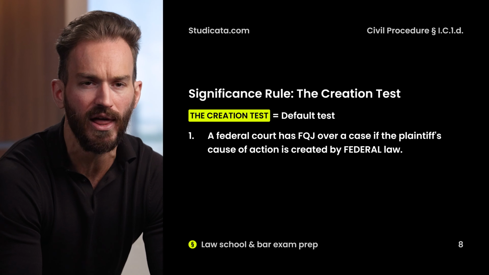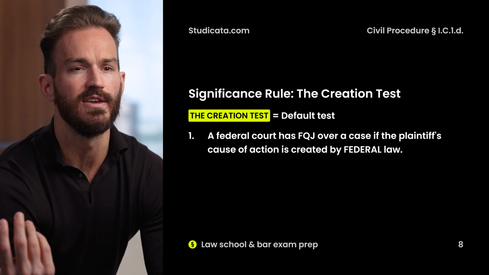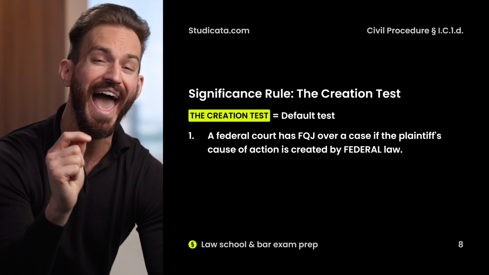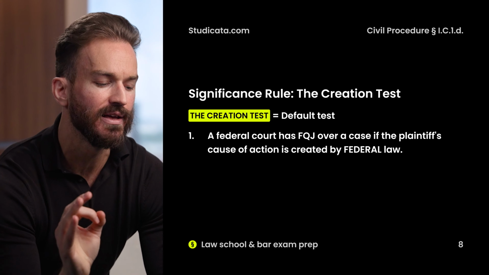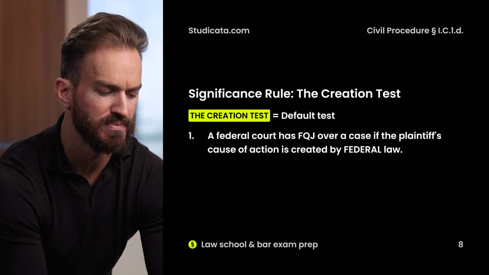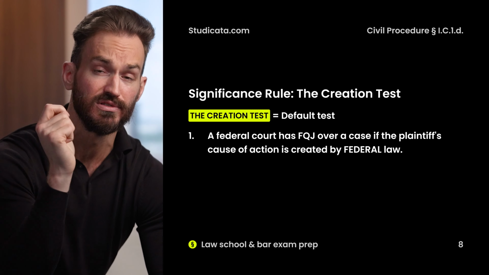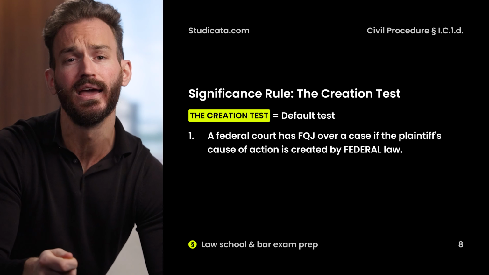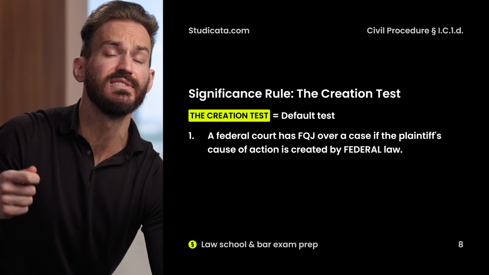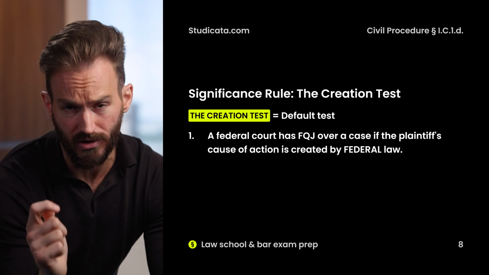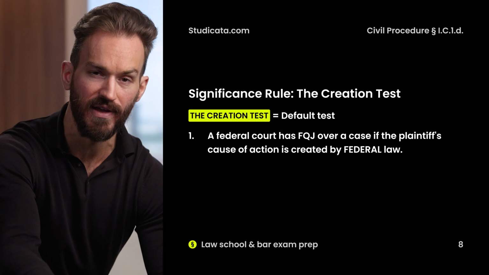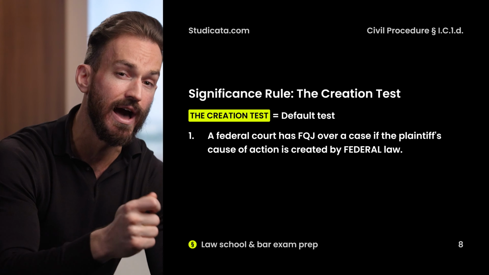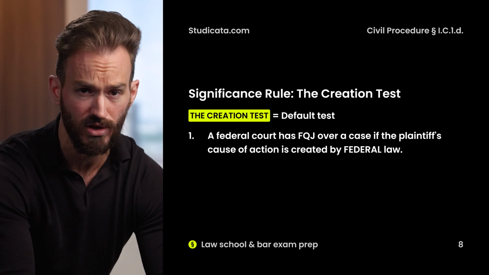So if a plaintiff sues the federal government under the FTCA, well, then the federal court has federal question jurisdiction over the case because the plaintiff's cause of action was literally created by federal law. The FTCA, the Federal Tort Claims Act, actually created the cause of action that the plaintiff is now using to sue the government.